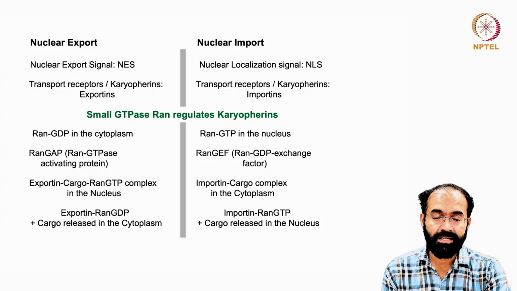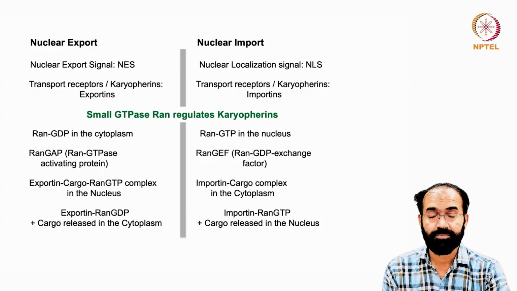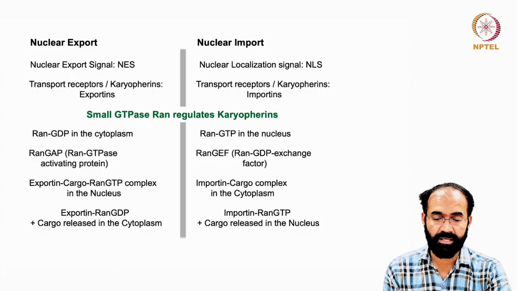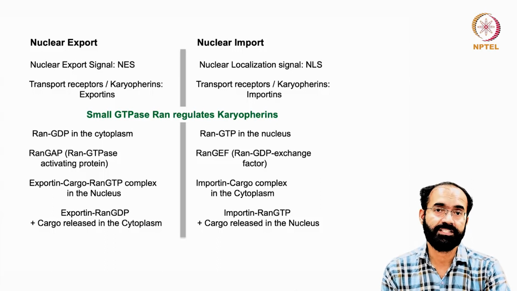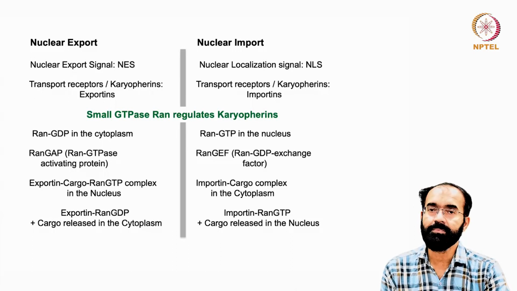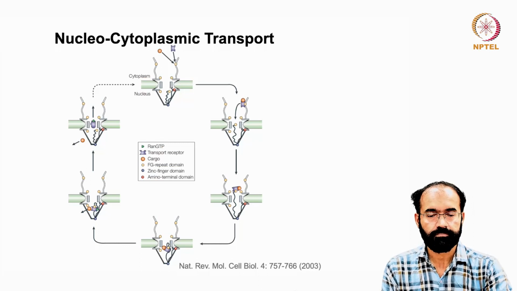Importin Ran GTP plus cargo gets released with the influence of Ran GEF, because it exchanges the Ran GDP with a GTP. So importin Ran GTP stays together and the cargo is released in the nucleus, which is available for its function. The same thing we can see in a pictorial manner in this slide.